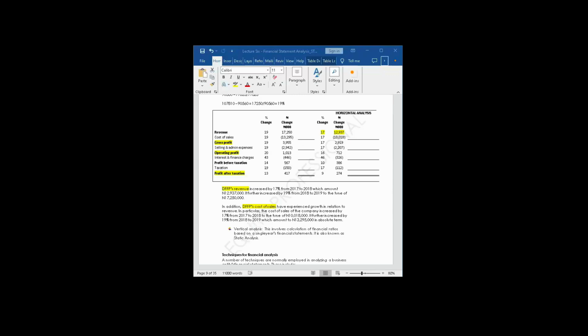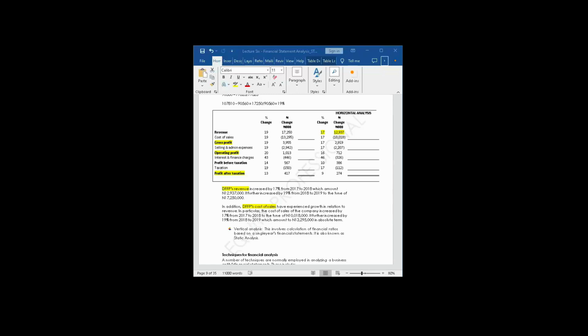It further increased by 19% from 2018 to 2020, which amounts to... So please mind the way you put the sentences together, so that it makes complete sense to whoever is reading it. There's no naira sign, so we don't know whether this is dollars. Please correct that.